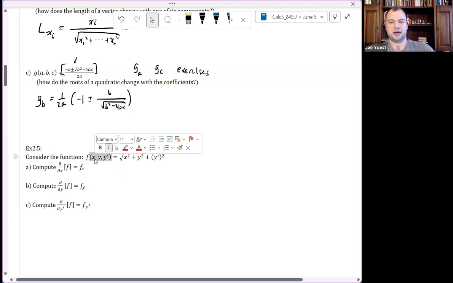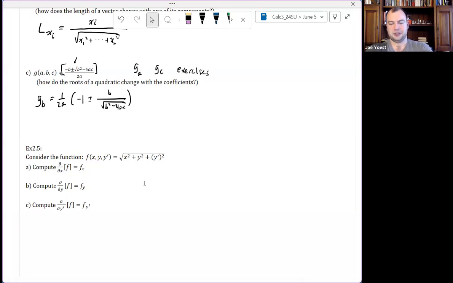I'm thinking of f having three arguments, three different inputs here, x, y, and y prime. And let's just say that my function is square root of x squared plus y prime squared. What's my partial with respect to x of f, partial with respect to y of f, and what is my partial with respect to y prime of f?